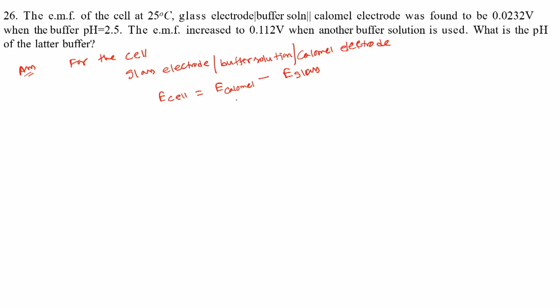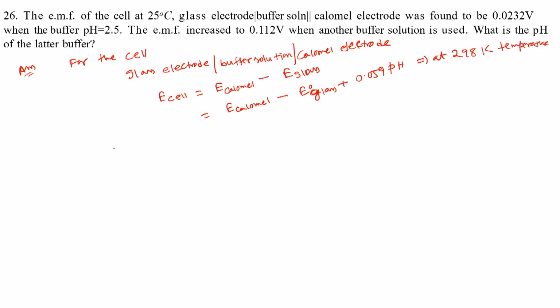Okay, so we can write E calomel minus E naught glass plus RT by F means 0.059, and then you get pH, because log concentration of H+ gives pH. So, this is at 298 K temperature. So, for E glass we are using Nernst equation here.